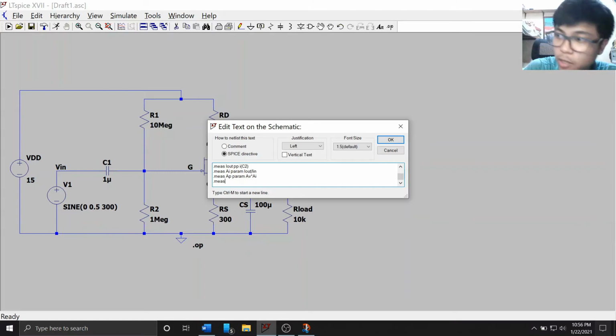We also have to measure the input power peak-to-peak, which is the product of the current across capacitor 1 and the input voltage.